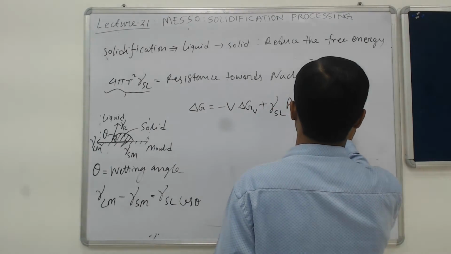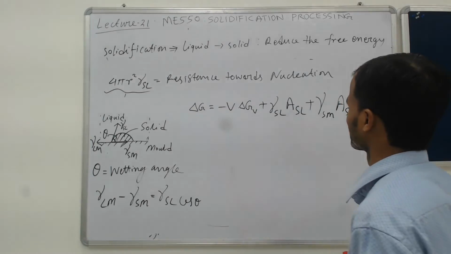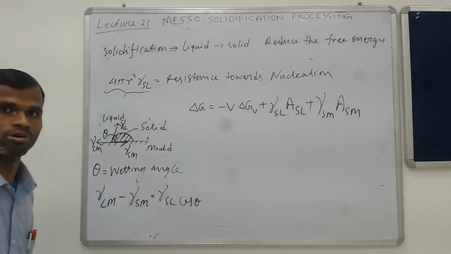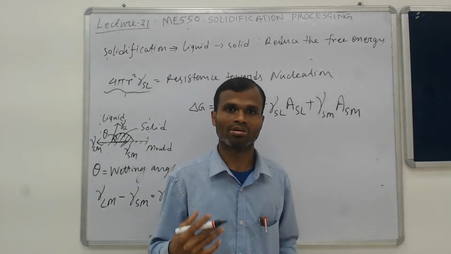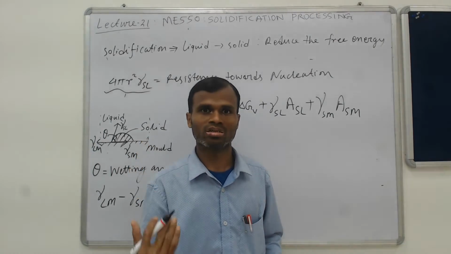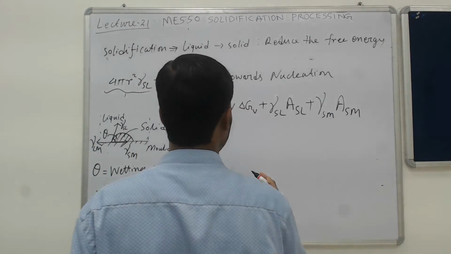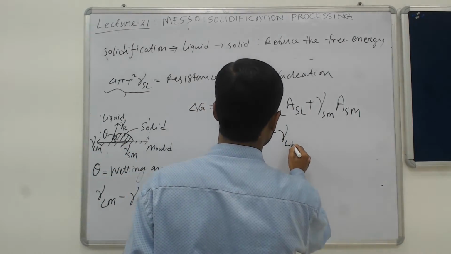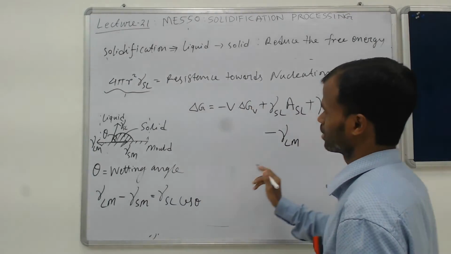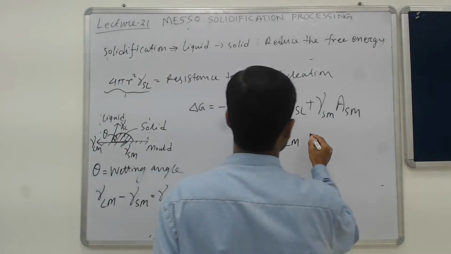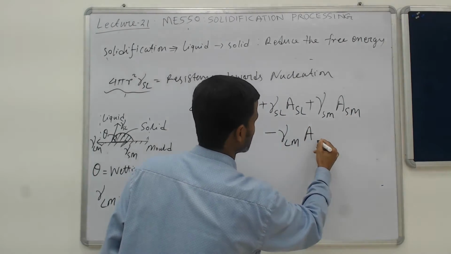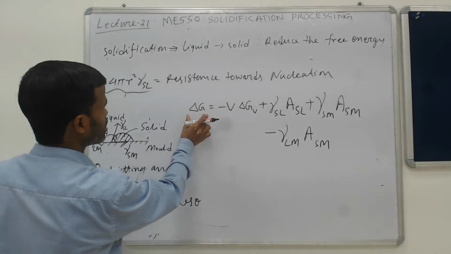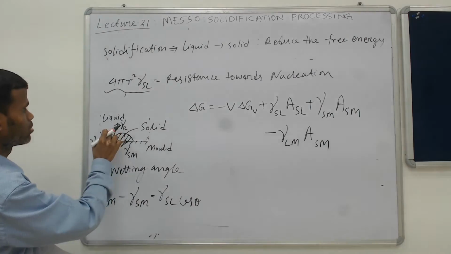This solid and mold surface is being formed by replacing the liquid and mold interface. So we have to subtract this much energy, which is gamma LM, the liquid and mold surface energy, but the area is the same as the area of the solid and mold. This is the free energy change, the energy of formation in case of heterogeneous nucleation.